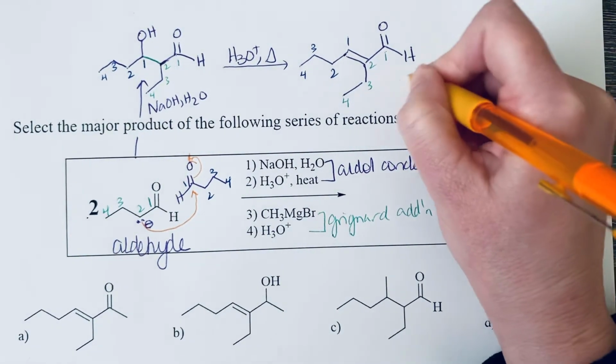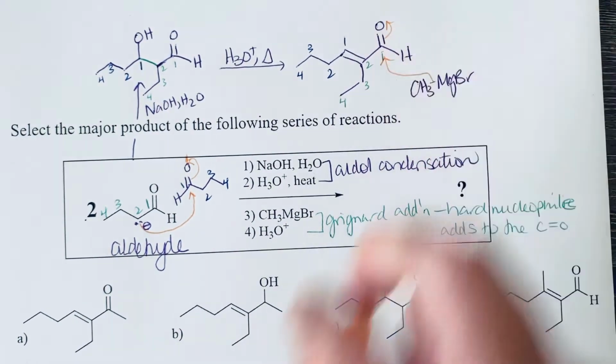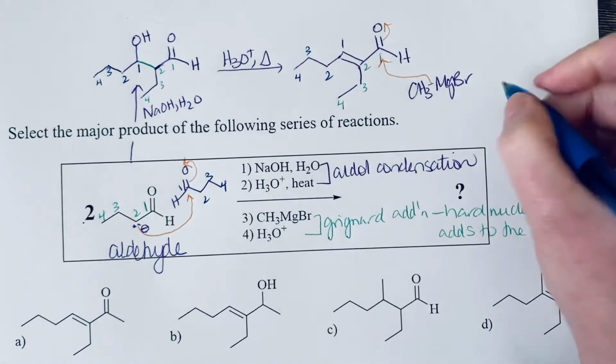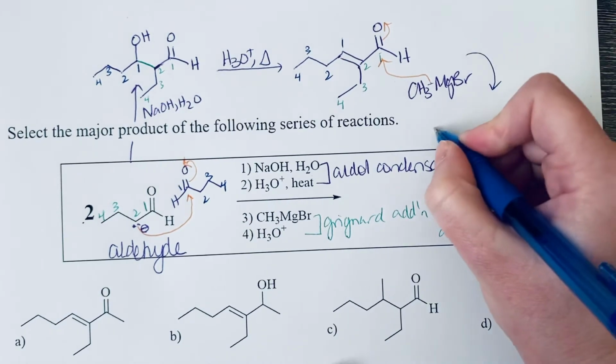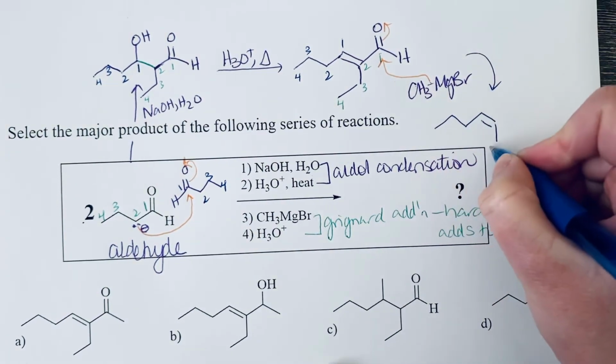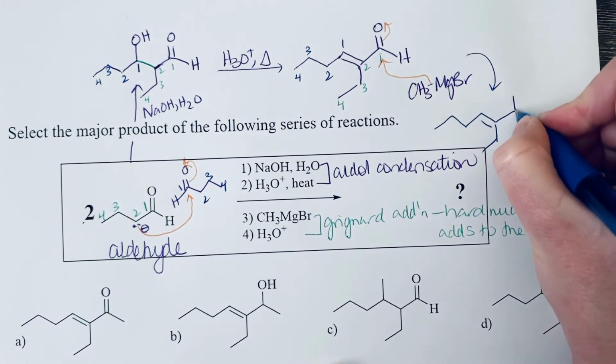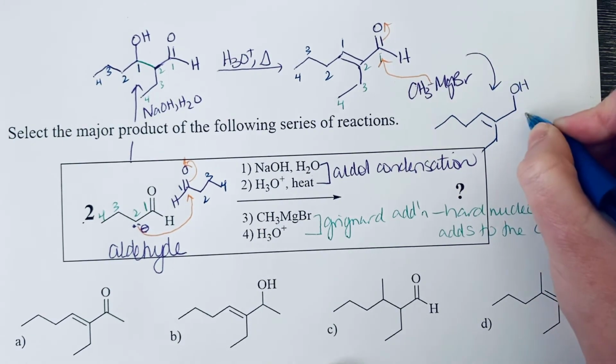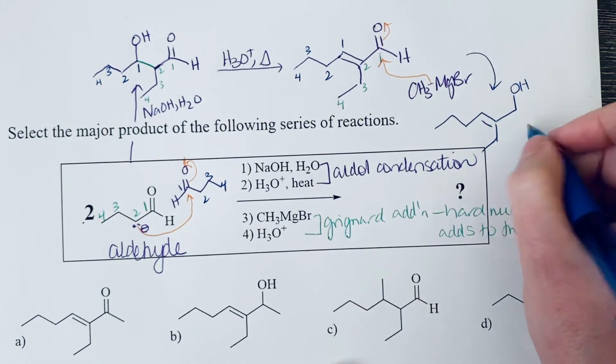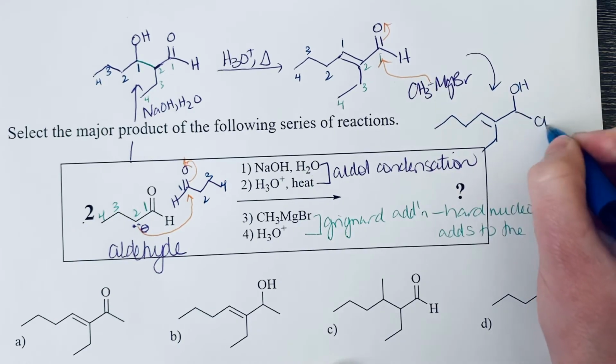So we can show this attacking the carbonyl. So we're adding one more carbon atom there, so that we will form overall this molecule. So after you've attacked, it's going to become an alcohol, right? Because we're adding in a protonation step, and you've added a methyl group there.